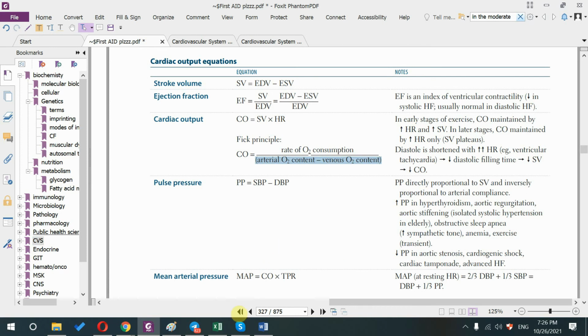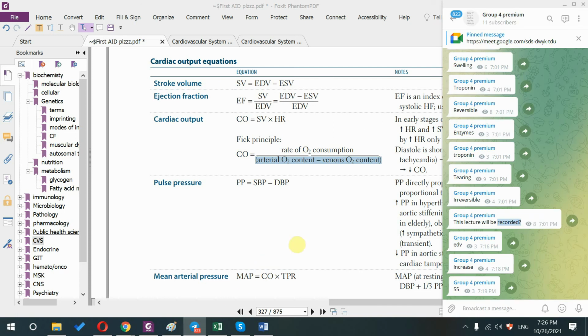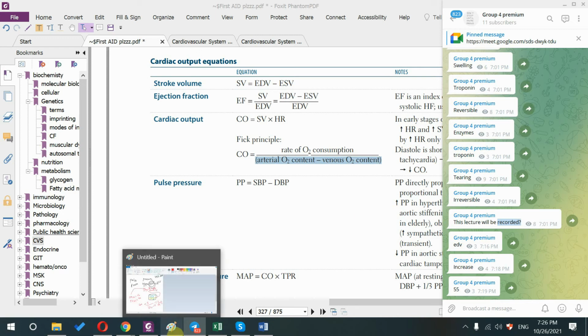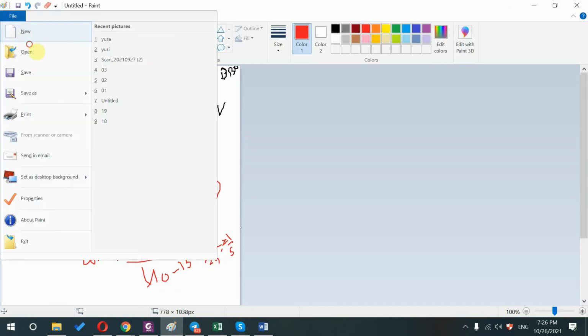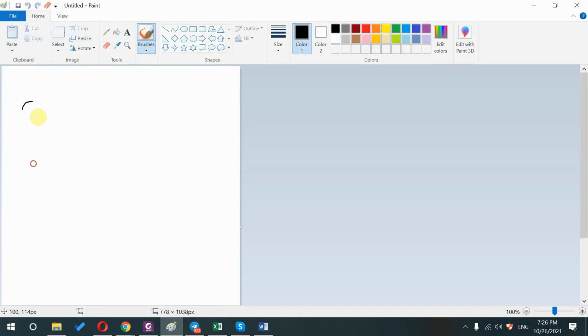Actually, does anybody here know how to calculate the maximal heart rate of a human being? Okay, so to calculate the maximal heart rate for a human being, it's easy. You do 220 minus the age of the person.